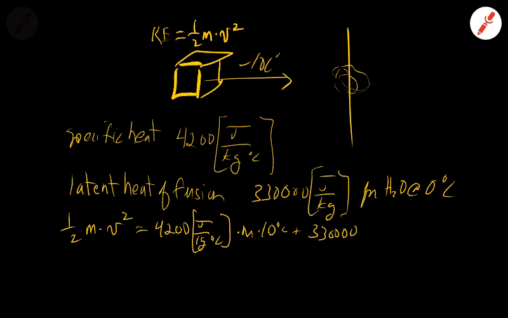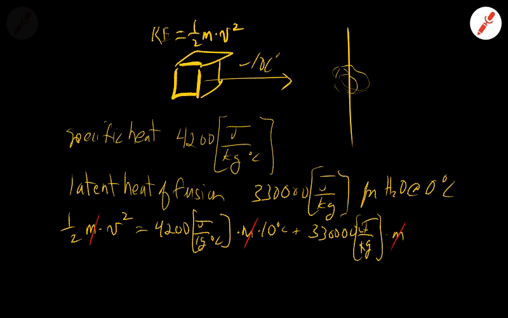So we've raised it up, and now we have to melt it: 330,000 joules per every kilogram, and then also times the mass. Notice now that the mass cancels out in every single term. So the mass does not play a role at all. And so on the right hand side we just have a number.